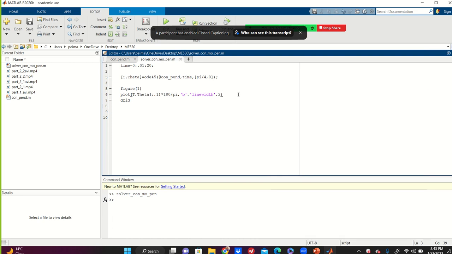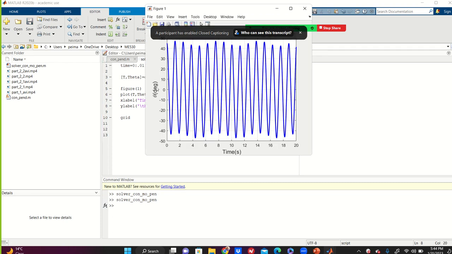To give you a reference, you can add an x label in MATLAB, time in seconds, with font size 14, and the y label, angle theta in degrees, font size 14. Now if I rerun it, you see theta in degrees versus time in seconds. Now you have it.